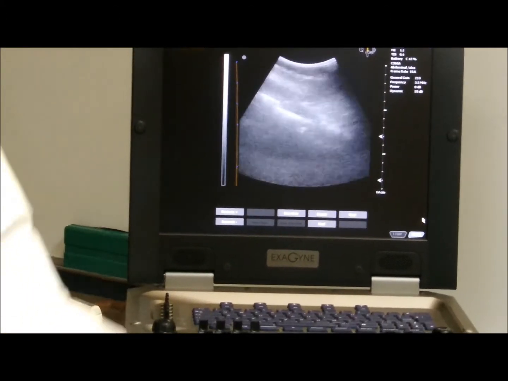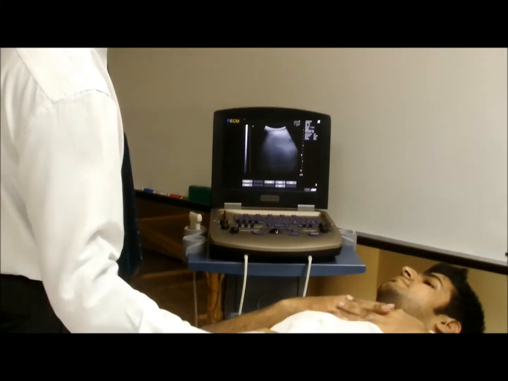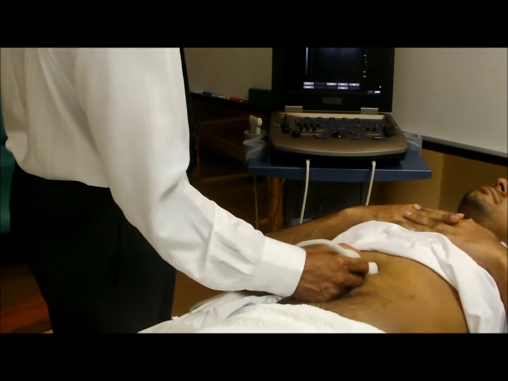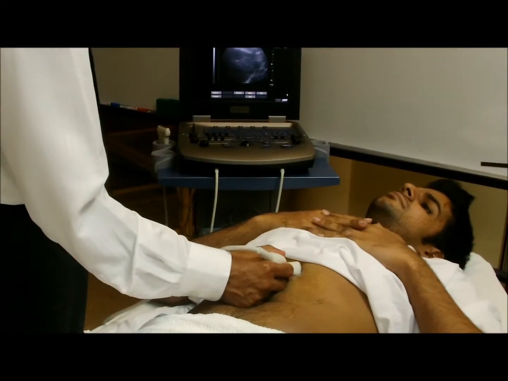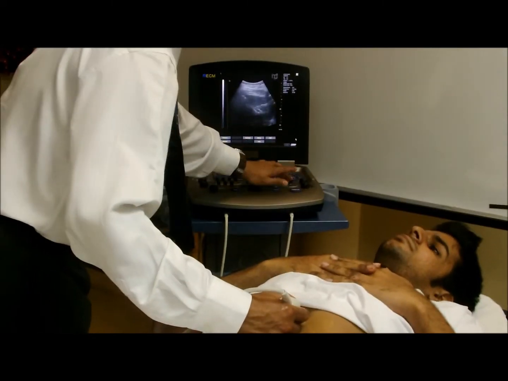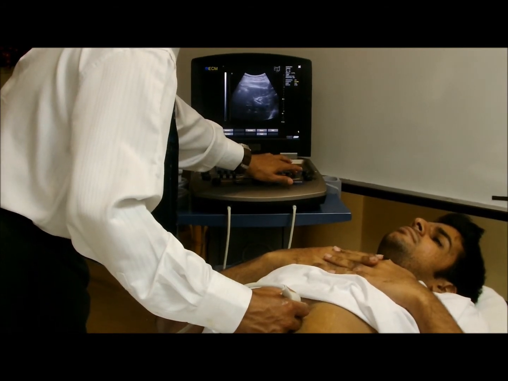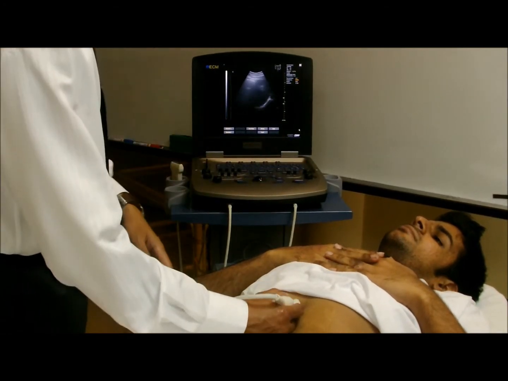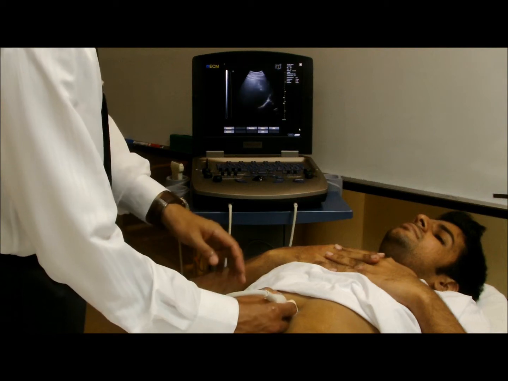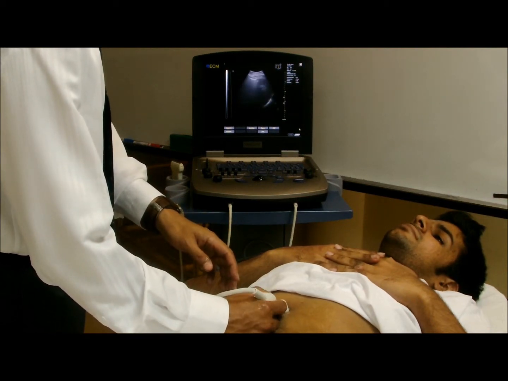Okay. And along the way, you could also try and search for the gallbladder. By the bowel shadow.